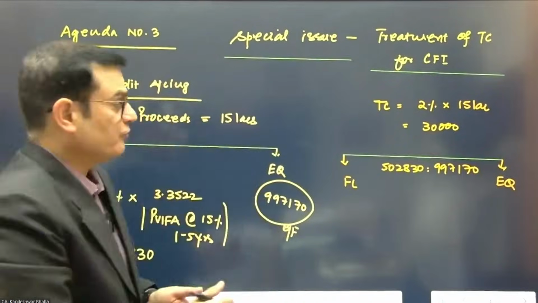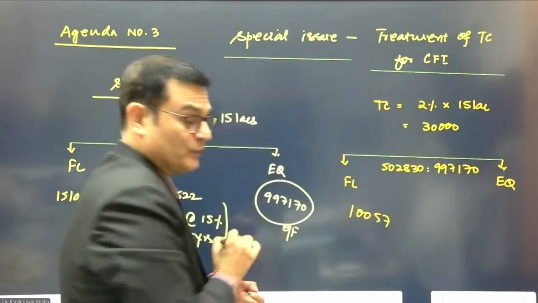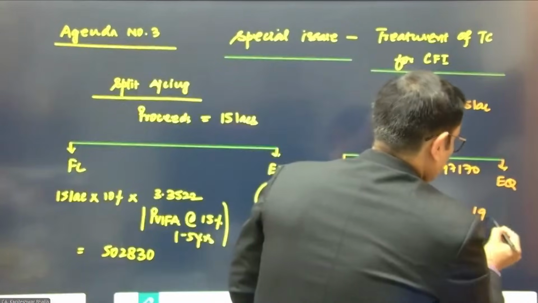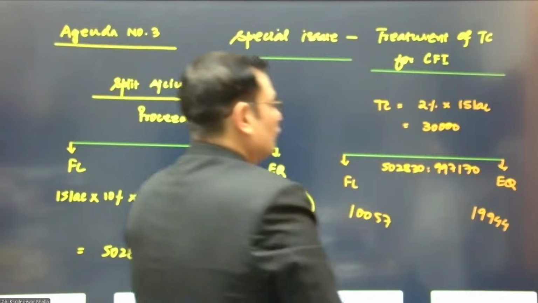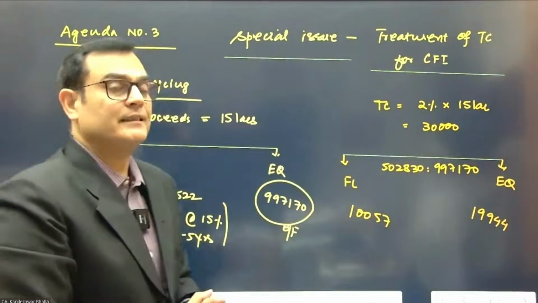That's 10,057 and that was 19,943. Superb. So this is the split of the transaction cost between FL and the equity.